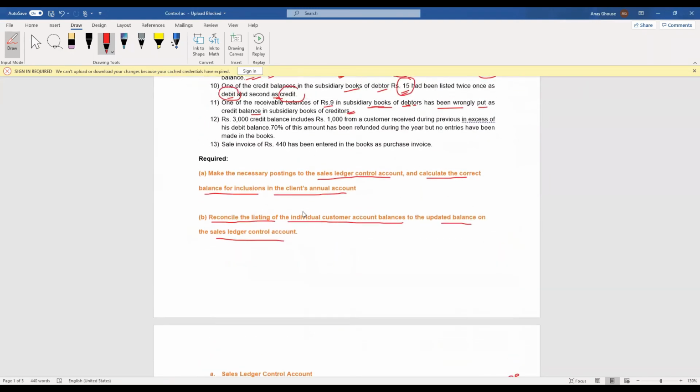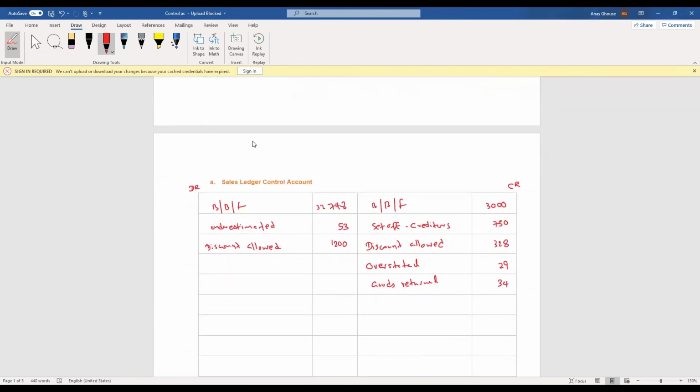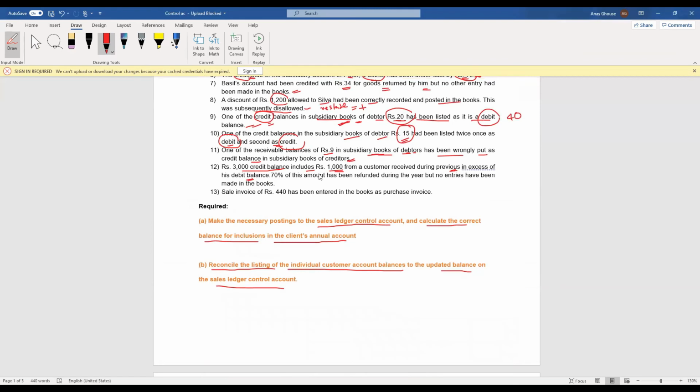Next entry: a rupees 3,000 credit balance includes 1,000 from a customer received during previous period in excess of his debit balance. Okay, now we are given an opening balance here, which was a credit balance, right? This credit balance 3,000 includes 1,000 from a customer received during previous period in excess of his debit balance.